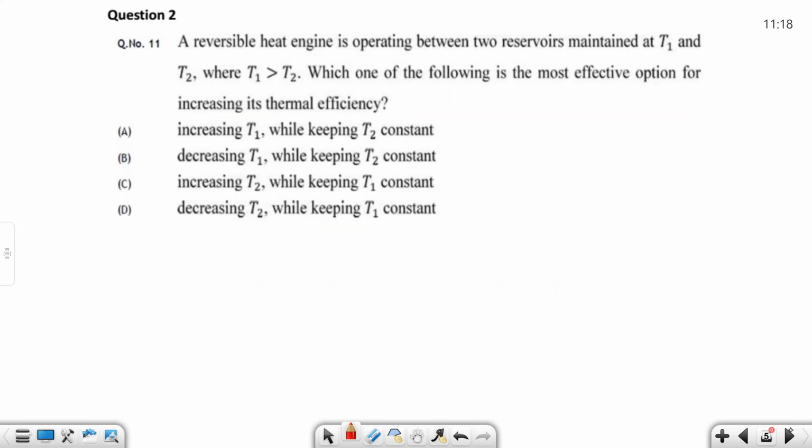A reversible heat engine operating between two reservoirs maintained at T1 and T2, work out which is the more effective way of increasing the thermal efficiency. Two reservoirs maintained at T1, T2, so this will be the Carnot heat engine.